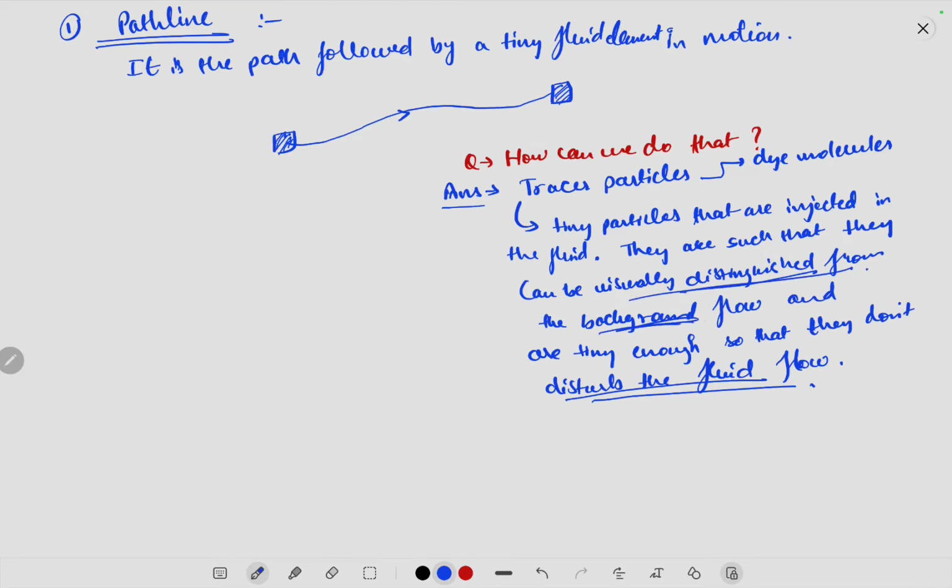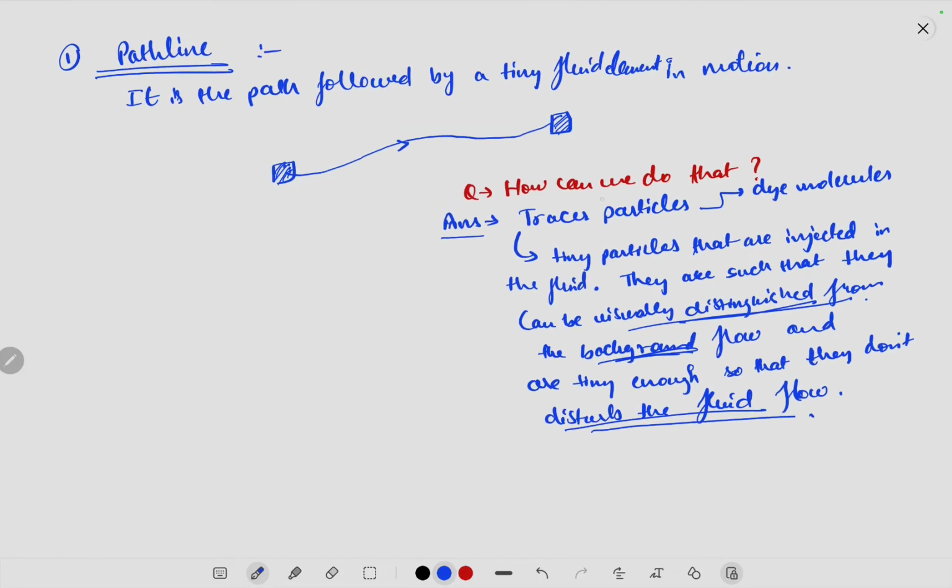We inject the fluid with these tracer particles, and we observe how those tracer particles move over time. And thus, by studying that, we can construct the path line for that fluid flow, right? Okay.